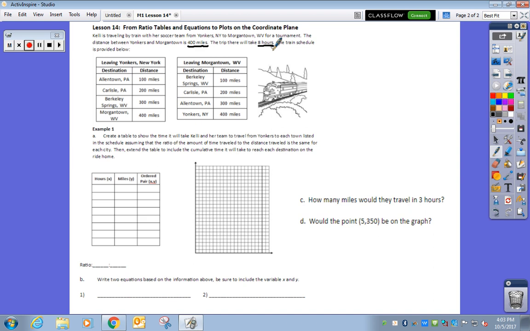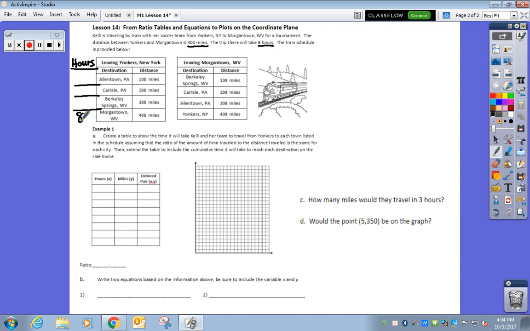So the one thing that I would actually do to this table is add an hours column. We know that it's going to take 8 hours to get to Morgantown, so 8 hours is 400 miles. So what we can do is determine how many hours the rest of the stops are along the way. In order to figure that out, there are two things I can do.